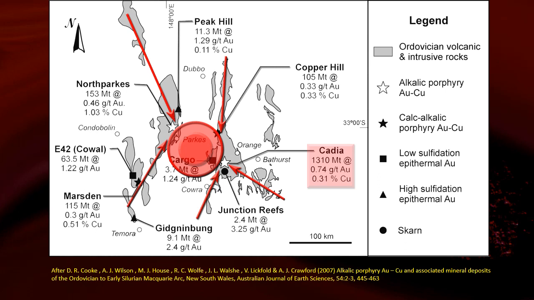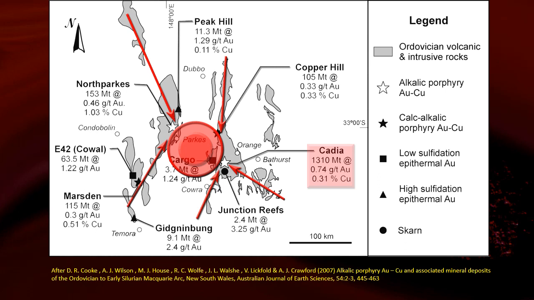Note as well that the two major porphyry gold copper deposits in the region, that is, Cadia and North Parkes, occur along the circumference of a proposed circle.